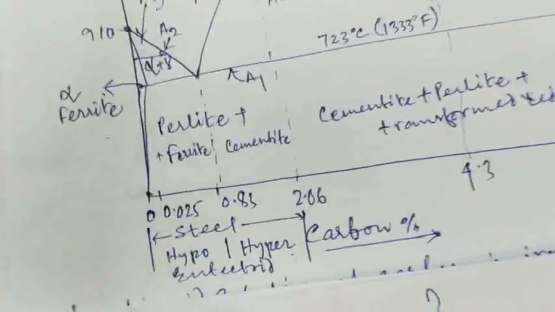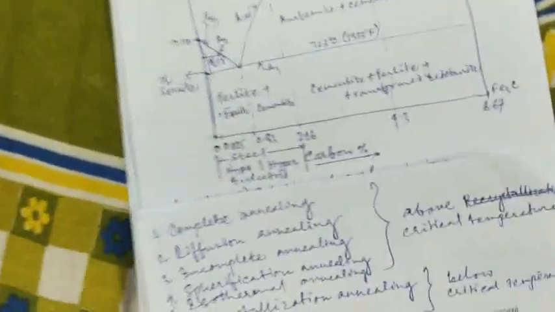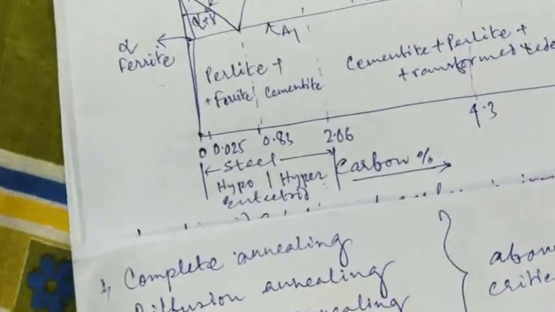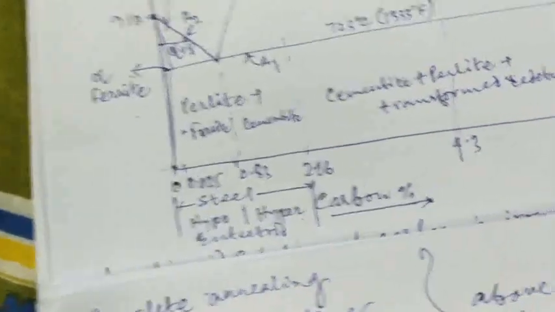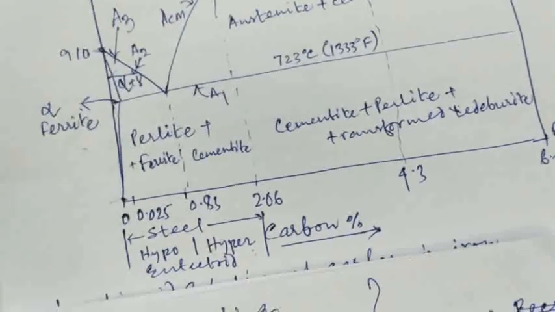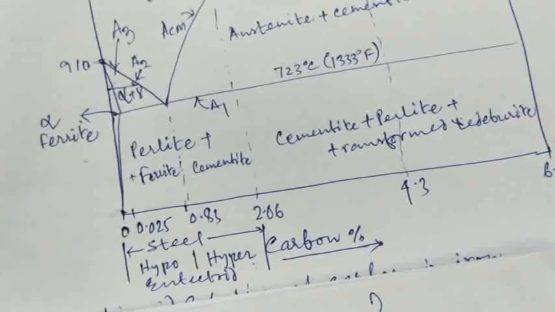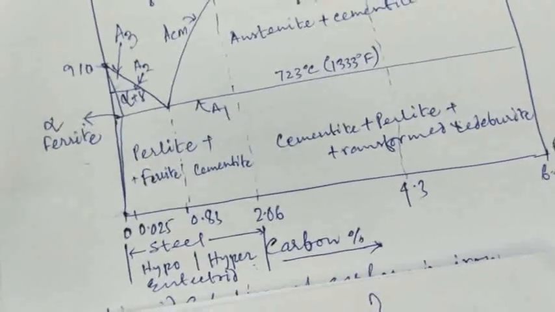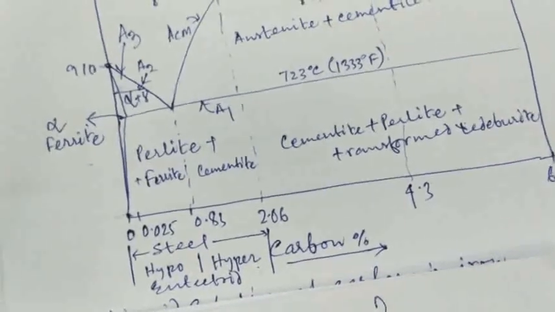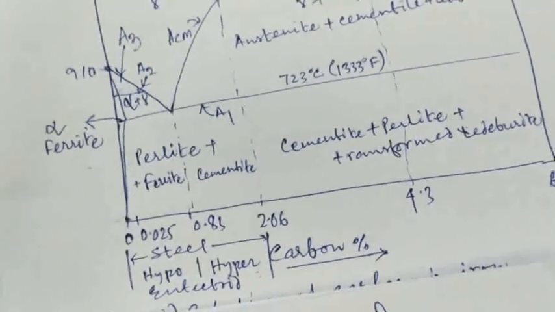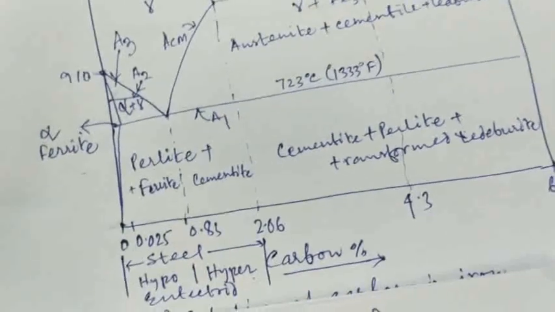The complete annealing is mainly used for hypoeutectic steel with 0.2 to 0.6% carbon, generally low and medium carbon steel, low and medium carbon alloy steel, castings, forgings and hot rolled profiles, and sometimes used in welds.